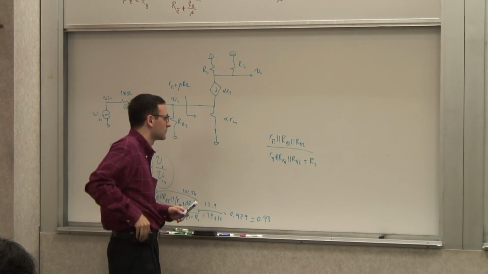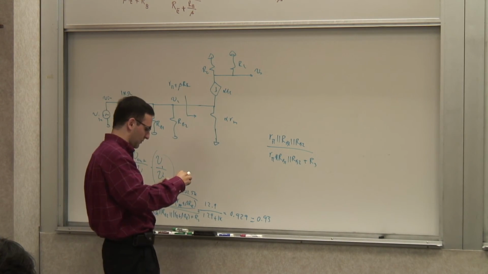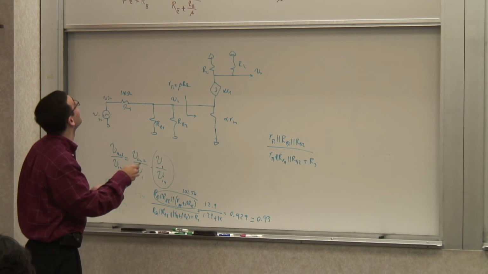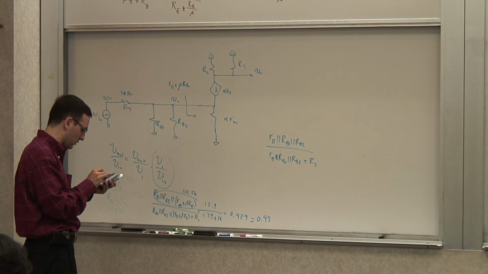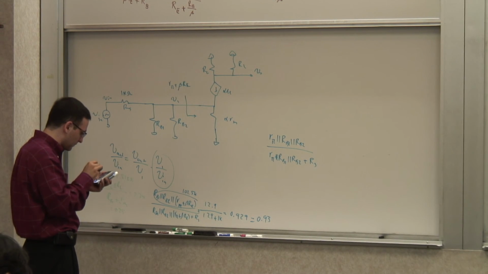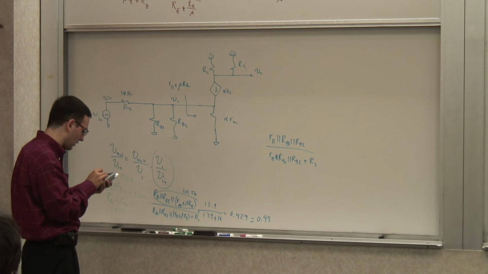So it's a parallel combination. Okay, so it's 18 times 82 divided by 100, so that's a parallel combination, 14.8, times 2.5 divided by 17.3.